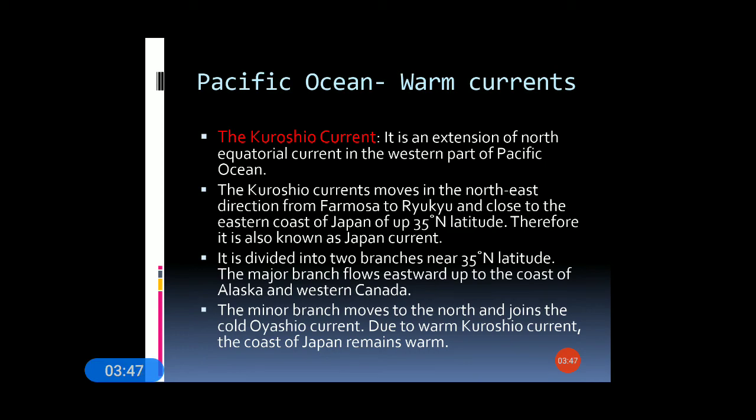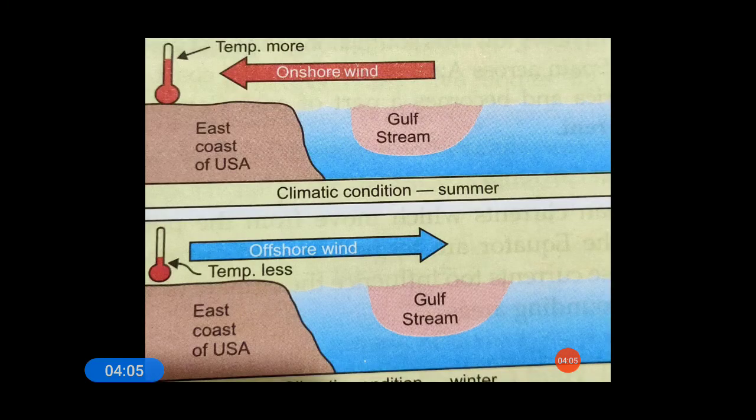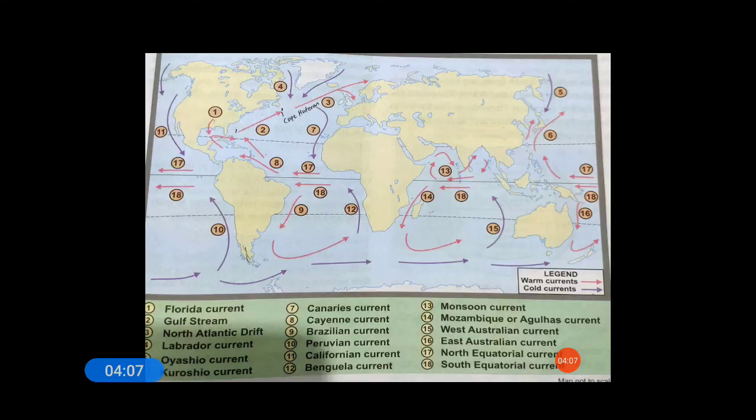Generally there are the North Equatorial Current and the South Equatorial Current. Here the North Equatorial Current converts into the Kuroshio current. Let me show you on the map. Look at this part.